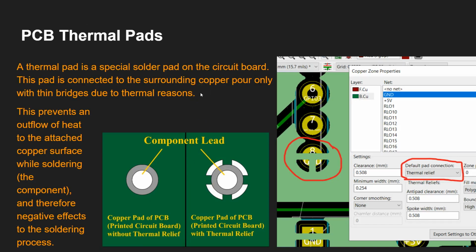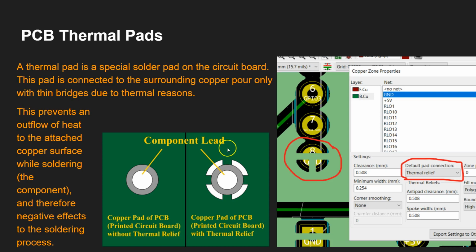Now this slide talks about PCB thermal pads. I hope you remember in KiCad we provided thermal pads in our design. For the PCB layout designer, a thermal pad usually means a large area of metal that either a device solders to or a heat sink bolts onto.